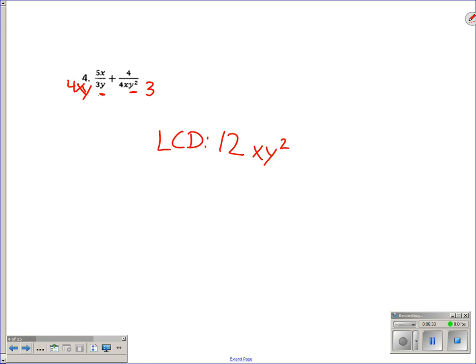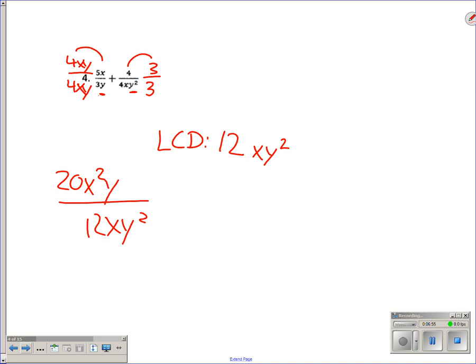And the numbers we got to multiply here in red, we got to multiply on top and bottom, and now they have the same denominator. So I'm going to go ahead and write the same denominator because both denominators multiply to 12x y squared. And on top, if I multiply this times this and this times this, I have 20x squared y plus 12. And can we reduce that?